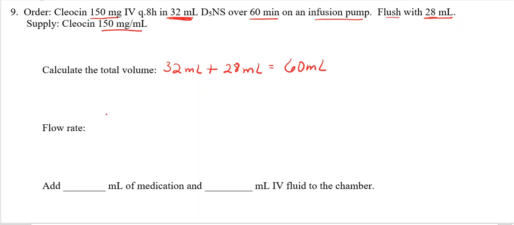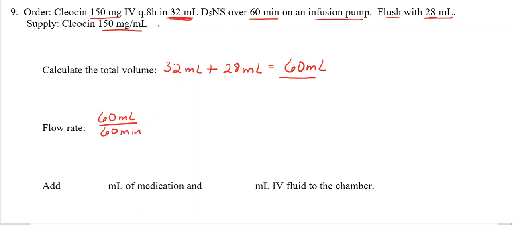Now I need to calculate my flow rate. Remember, your flow rate is your total milliliters, which is now 60 milliliters, over your total time, which was 60 minutes.